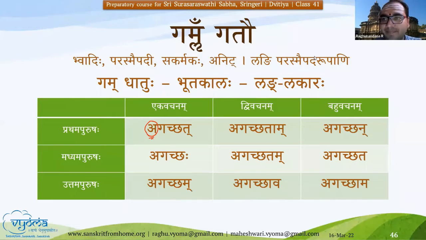Dhanyavadaha. Okay, that's correct. Now I'll add one more point to the discussion we just did in the previous slide. For Lang Lakara, how will the passive voice forms be? It's the same way again. For Gam dhatu, for example, gachati, the passive voice is gamyate.